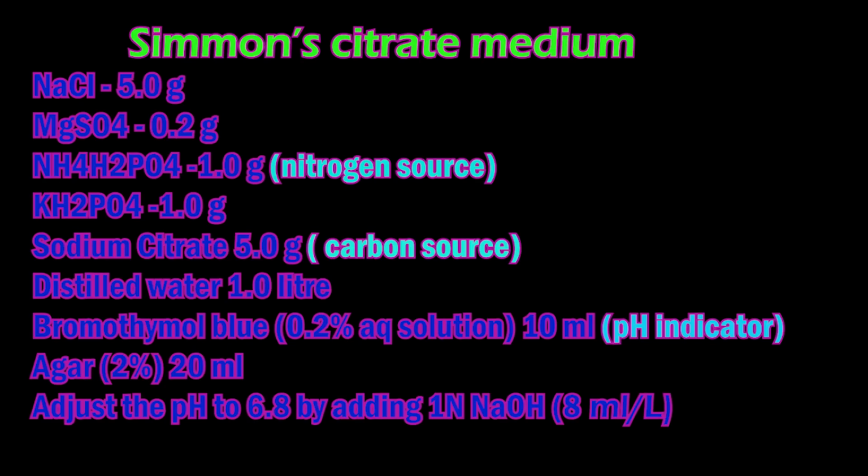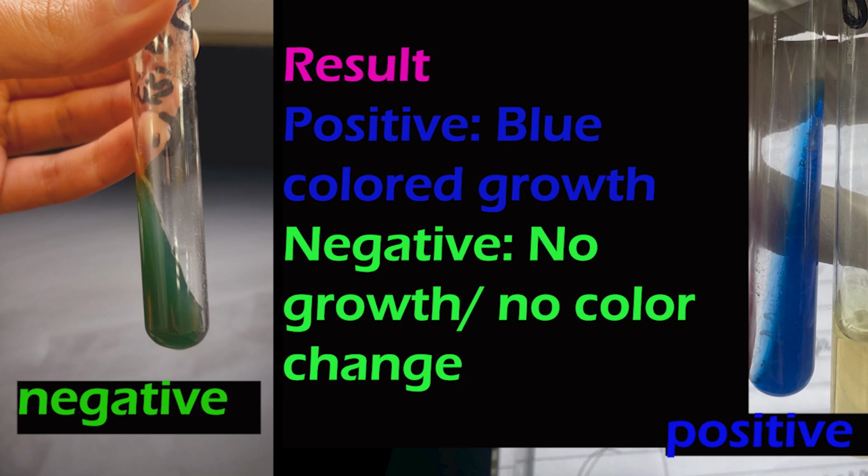Citrate. Sodium citrate in the medium is used as the carbon source and energy source. Ammonium hydrogen phosphate is the nitrogen source. Citrate permease enzyme allows the citrate to enter the bacterium. The citrate utilization test requires oxygen, so the test is done on the slant. The citrate is oxidized by bacteria and extracted with the release of carbon dioxide.